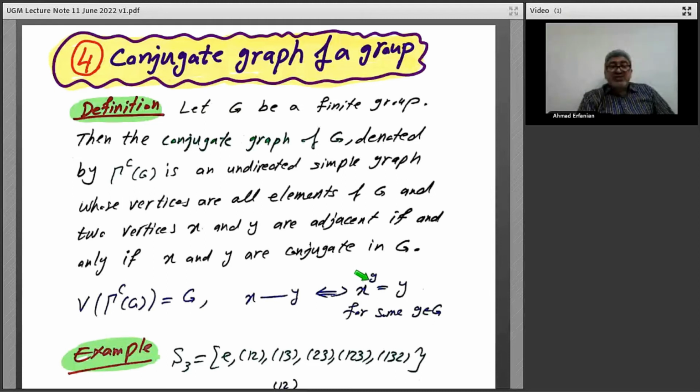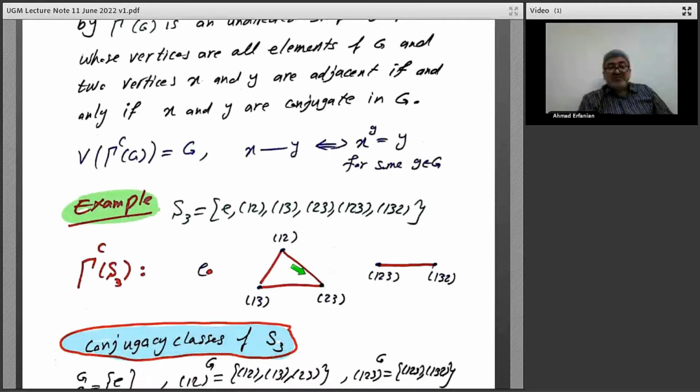The vertex set is the set of all elements of G, right? We denote the conjugate graph by gamma C of G.